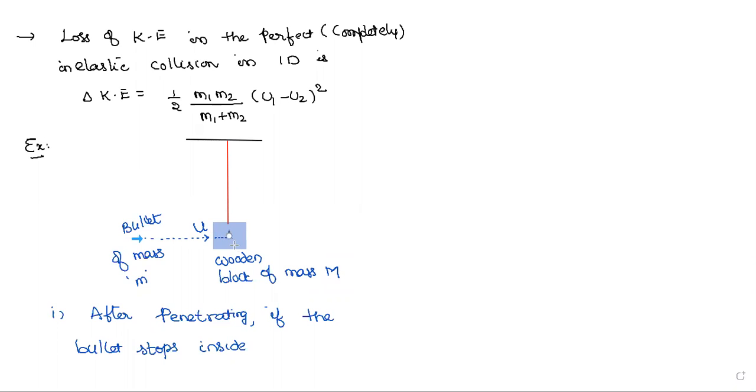Both bullet and mass try to move forward, with what velocity if you ask? Both combinedly move with a velocity, say v.